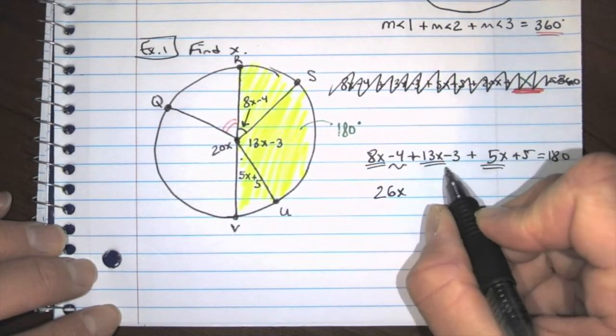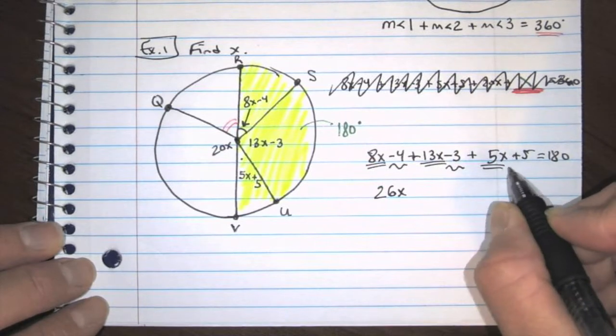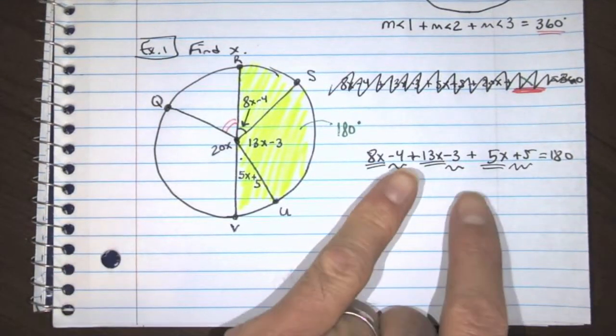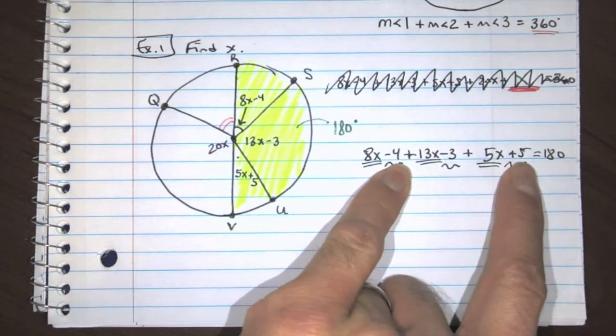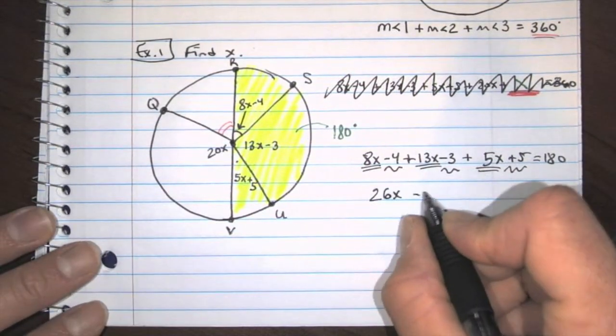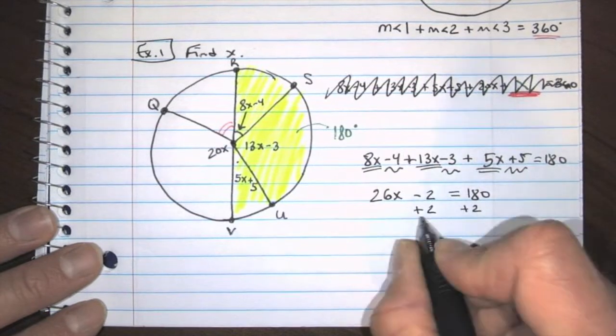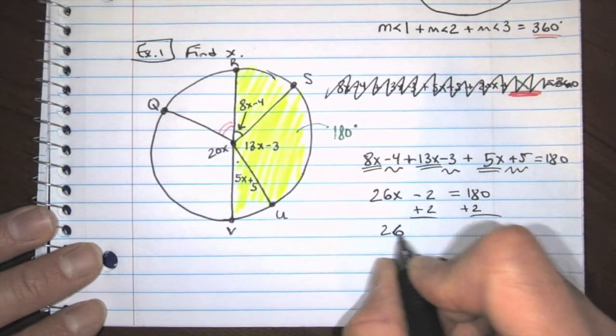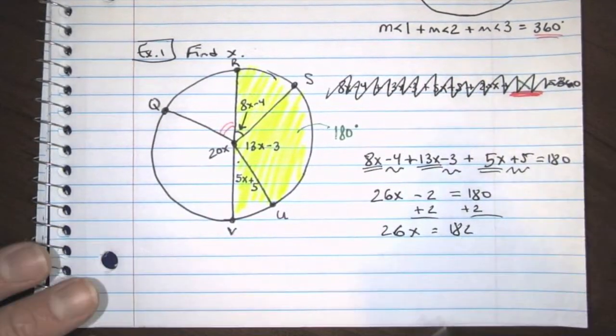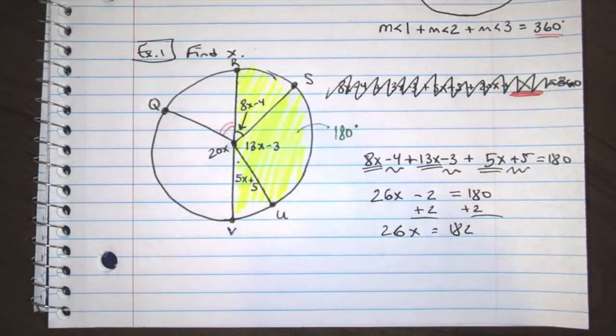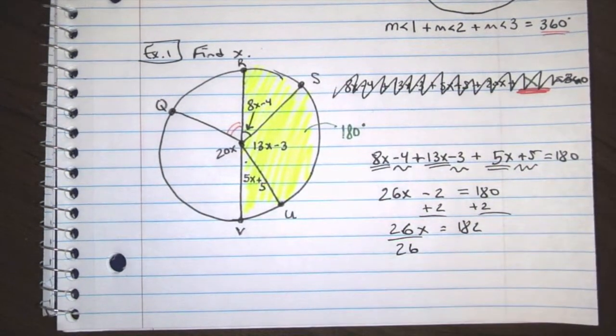And then combine these numbers together: negative 4 minus 3 plus 5. That's negative 7. Plus 5 is negative 2. Equals 180. Add 2 on both sides. 26x equals 182. And divide both sides by 26.